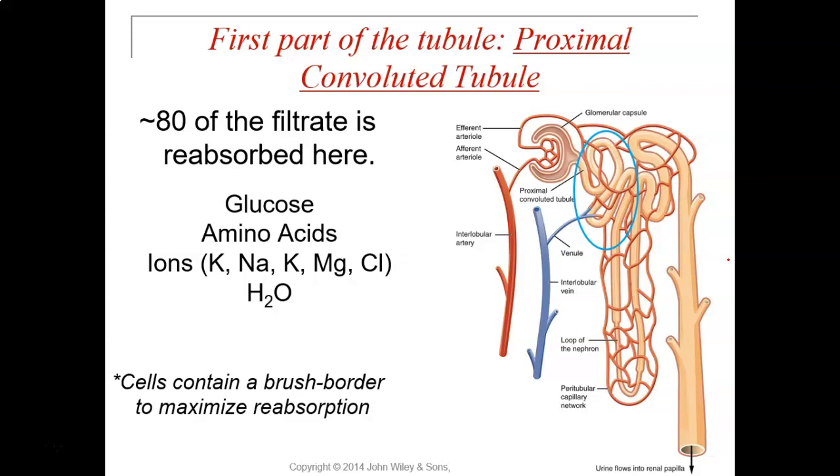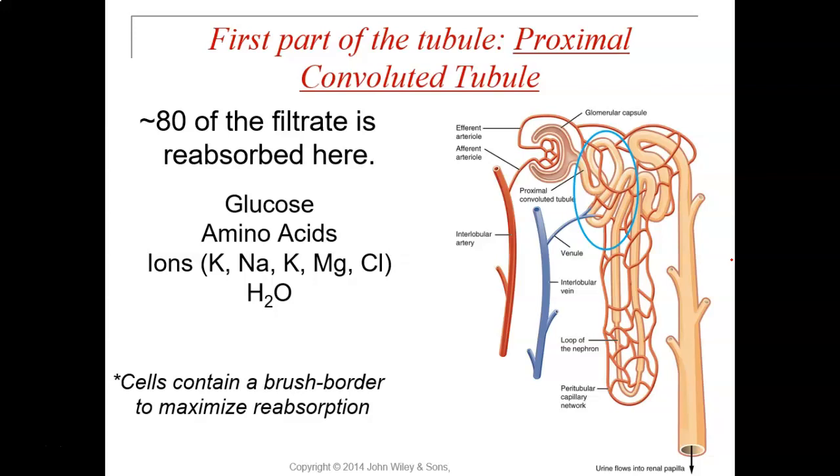So the first part of the tubule is the proximal convoluted tubule. It should say 80%. Apparently, I had something against the percentage sign, but it should be 80% of the filtrate is reabsorbed here.